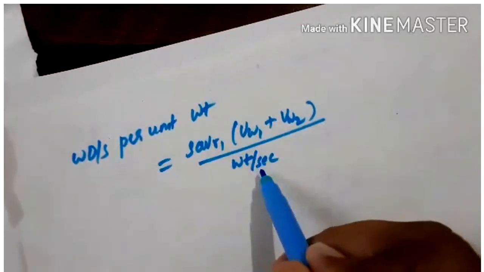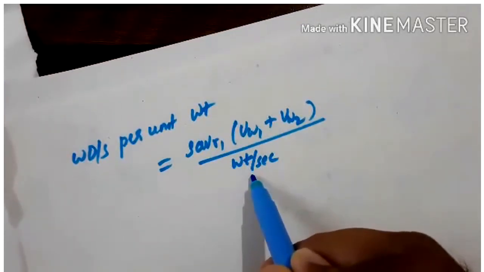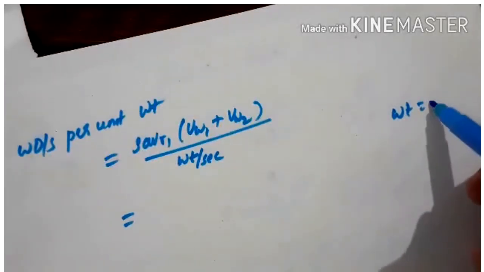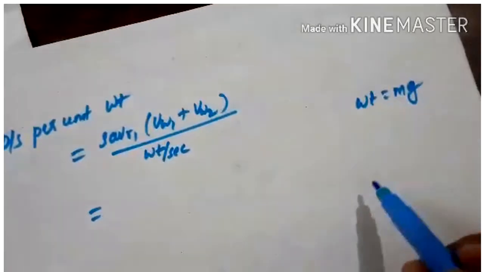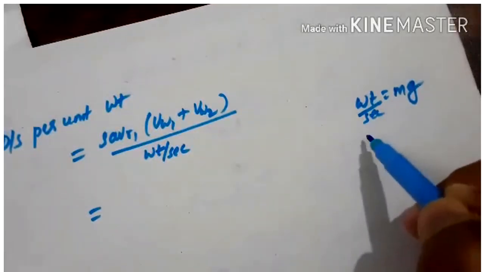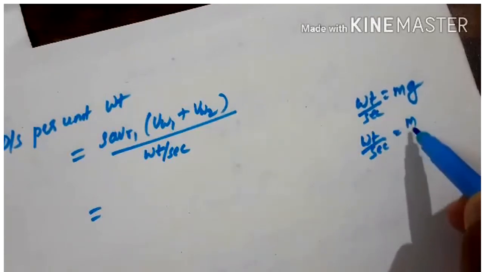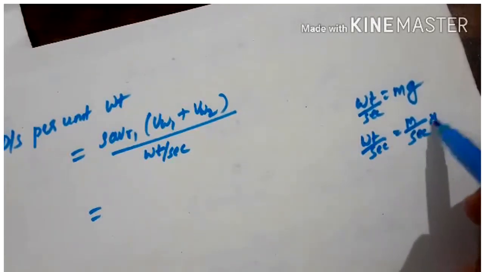We know weight equals M into G, but we want weight per second, so mass per second also you have to take, into G.